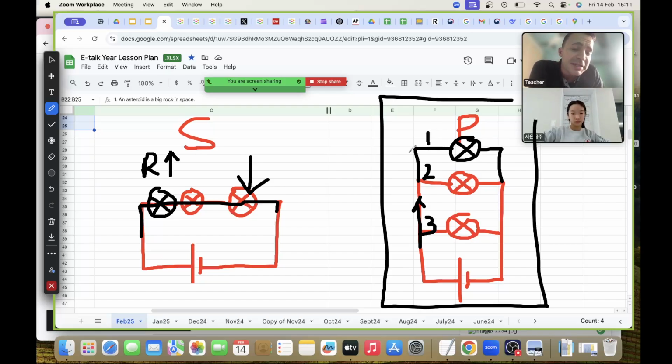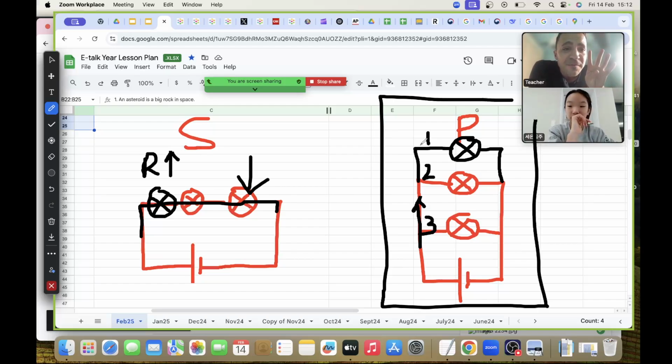So now if we add another one, if we add a fourth, which brightness will stay the same? Which brightness will decrease? I'll ask the question again.